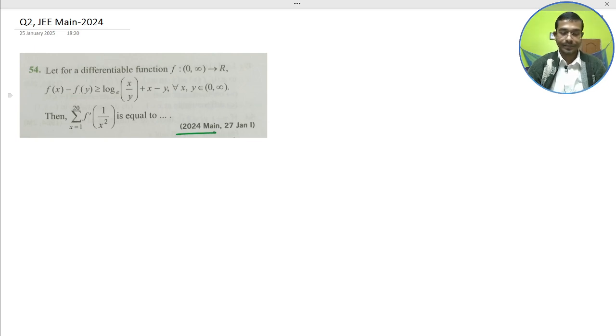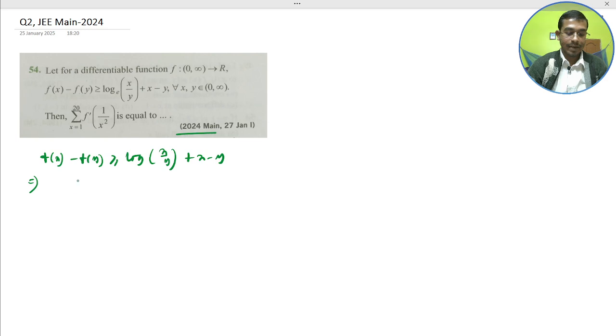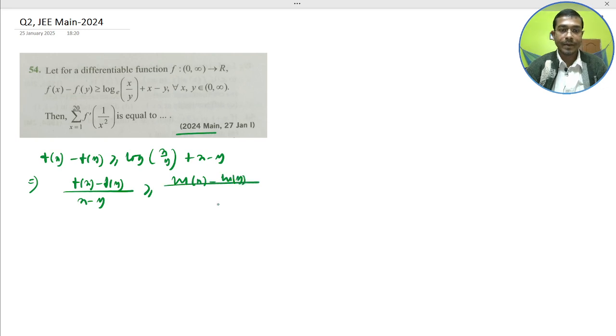So given that f(x) minus f(y) is greater than or equal to log x by y plus x minus y, that implies (f(x) minus f(y)) divided by (x minus y) is greater than or equal to (log x minus log y) divided by (x minus y) plus 1.